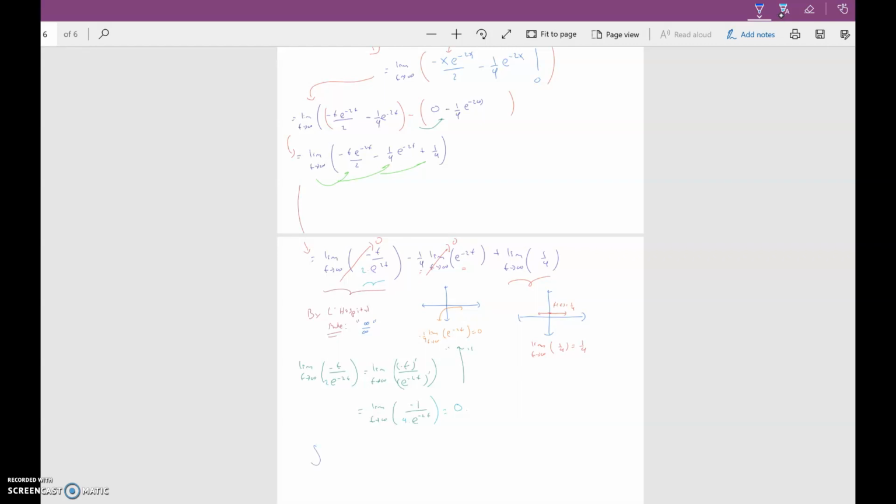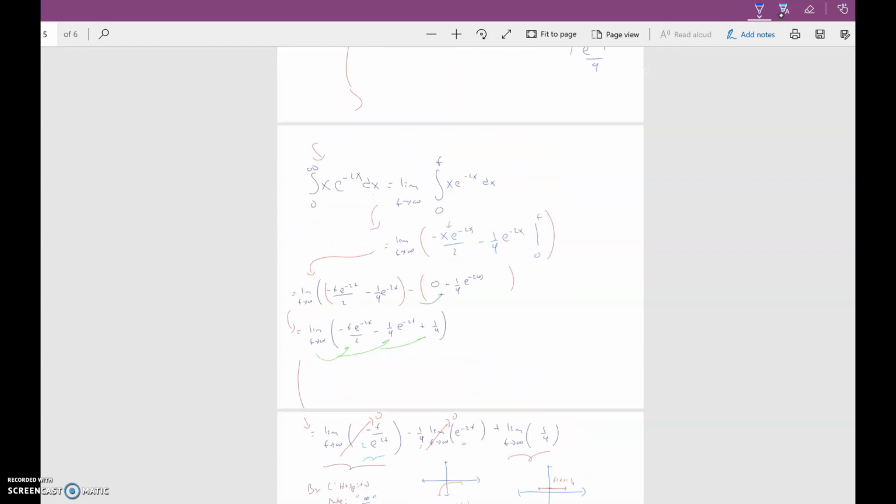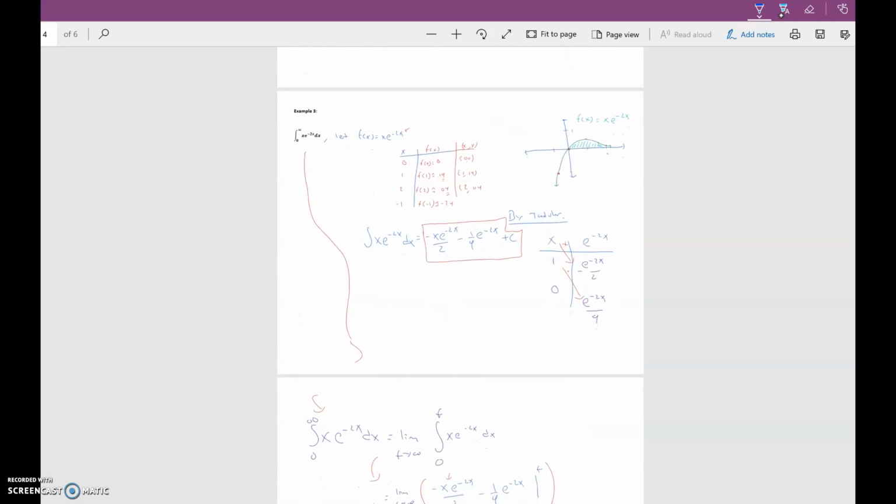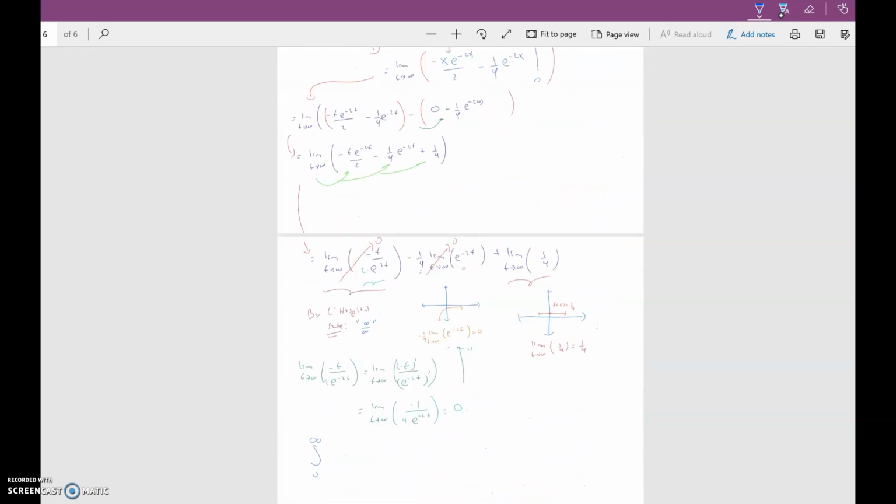The actual integral from 0 to infinity, and we were dealing with x e to the negative 2x dx is equal to 1/4, or 1/4 units squared, depending on what they're asking. In this case, they're just saying to evaluate. Both of these would have been perfectly fine.